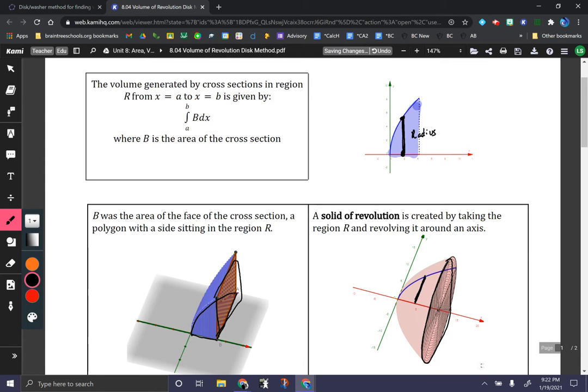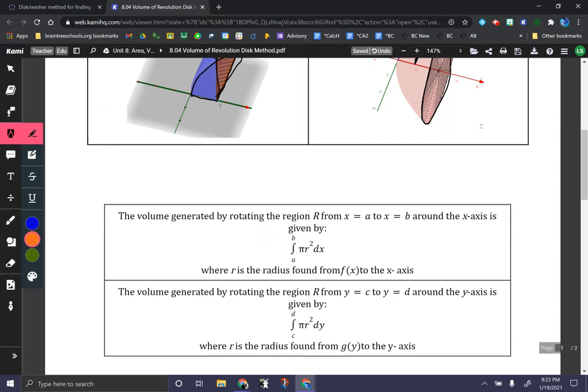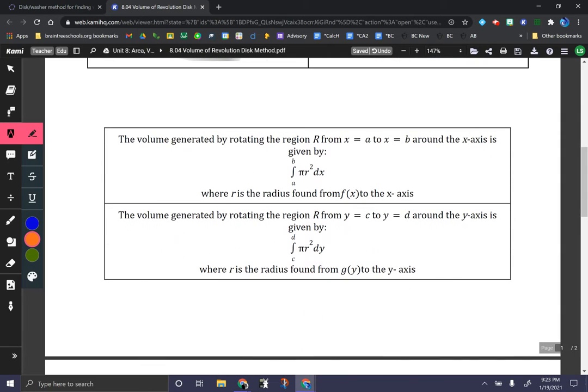So when we consider our generic formula that we had over to the side, where capital B was the area of our cross section, that capital B is now getting replaced with the area of a circle. And that's where we're creating this formula here, that pi r squared is the area of a circle, and that's essentially replacing what the area of our cross section would be in our previous examples.